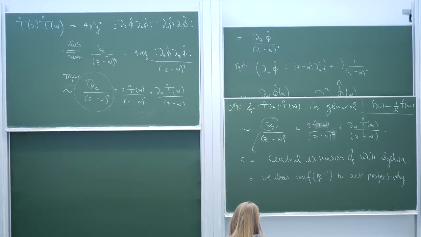And it turns out C has to be positive, otherwise we don't have a unitary representation after you undo all the Wick transforms and everything.